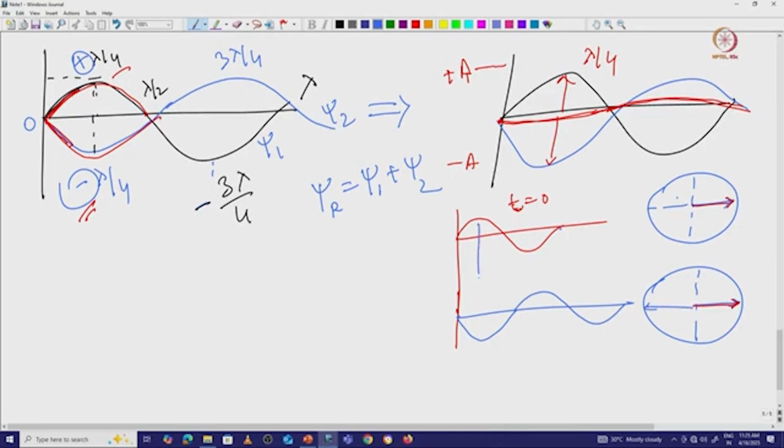So, they are in a different phase, and when they merge together, they will neutralize both the waves and the result will appear almost 0. So, this is how we add the two waves.